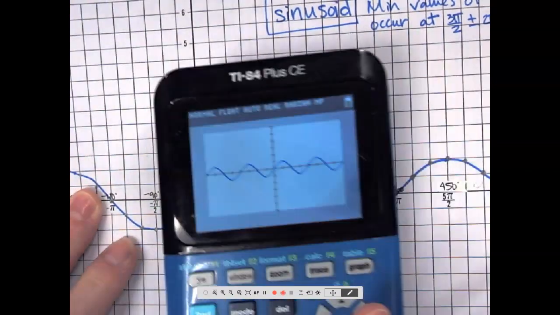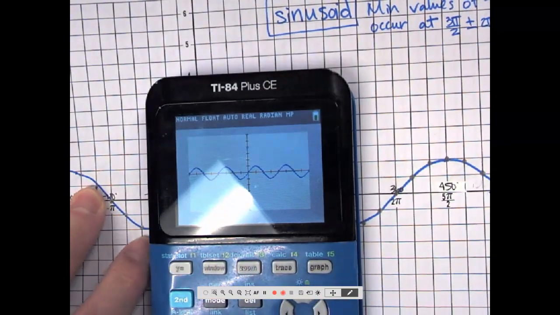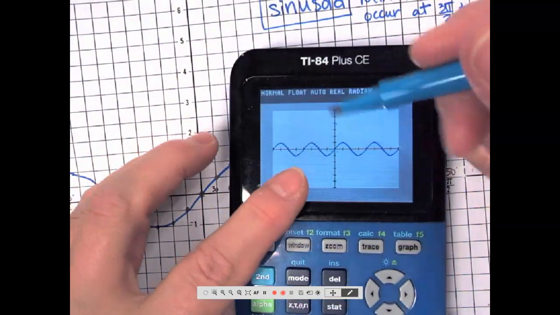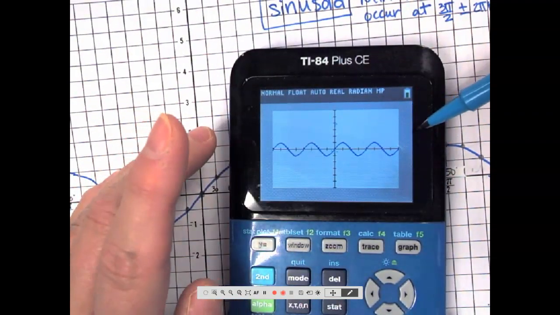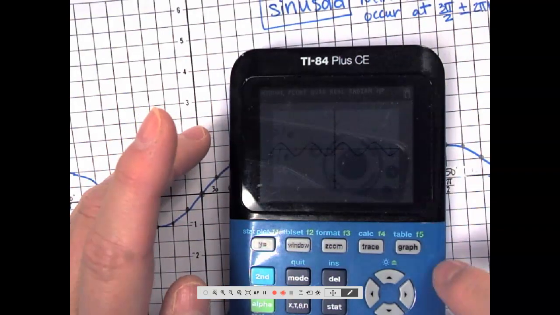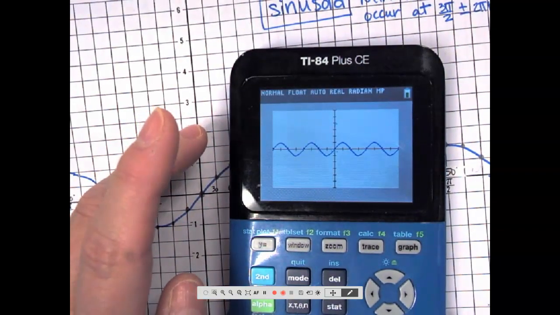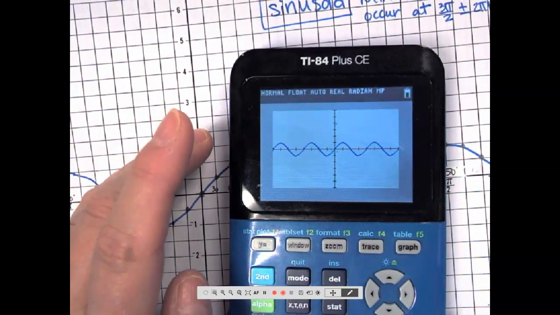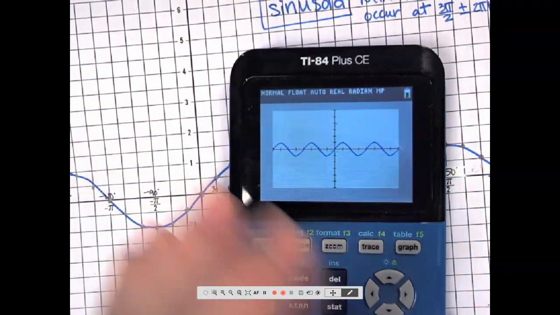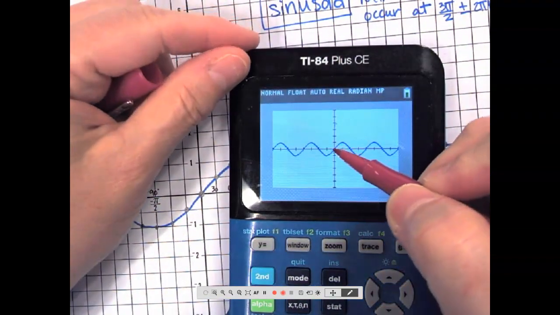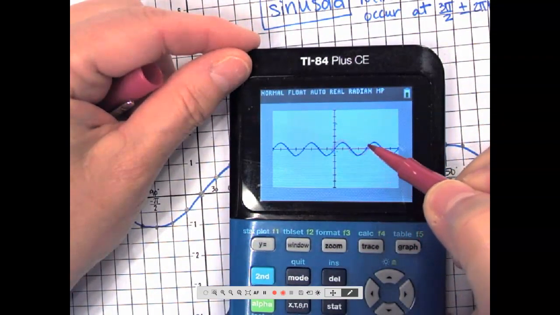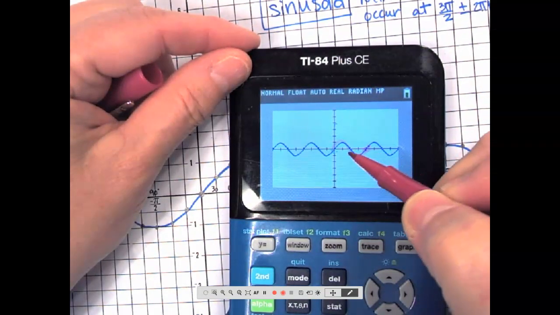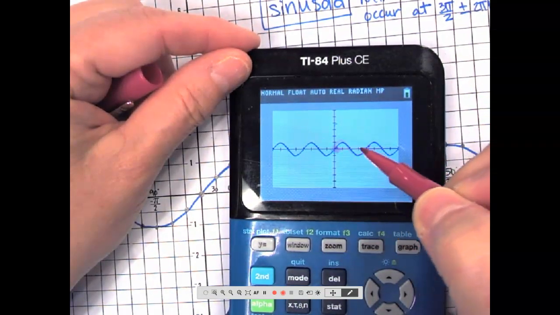Okay, but what is the period on this graph? How far am I going? Remember, this is 2 pi out here. How far do I go on that graph before the curve repeats? I've got a curve here, and it comes down, and it goes back, and I have finished one curve from there to there.